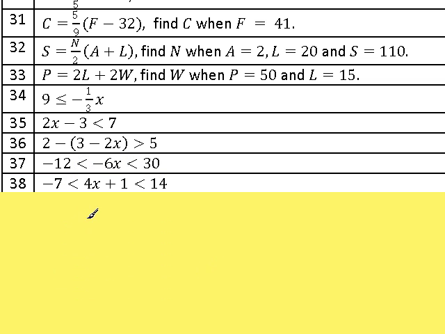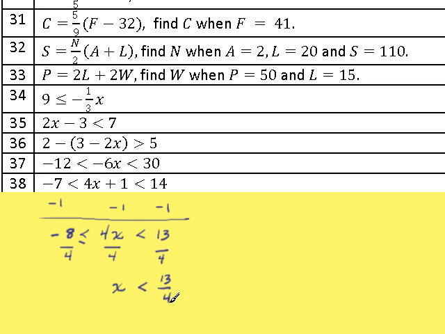Here's another double inequality, number 38. Let's subtract 1 from all 3 sides. So we have 4x in the middle, and we have 13 on the right, and we have minus 8 on the left. And now just divide by 4. And here we have x is between 13 over 4 on the right and minus 2 on the left.